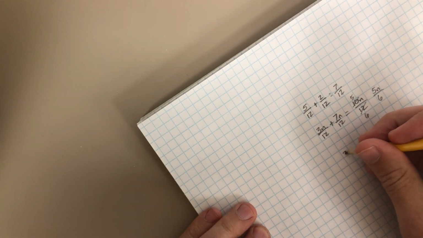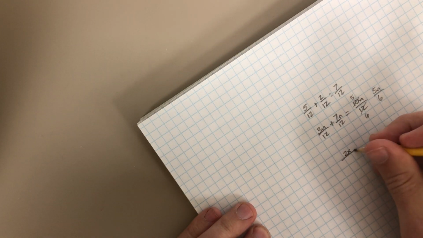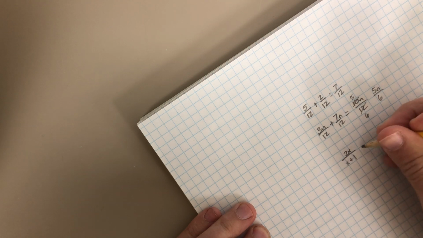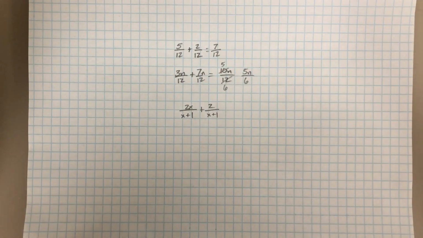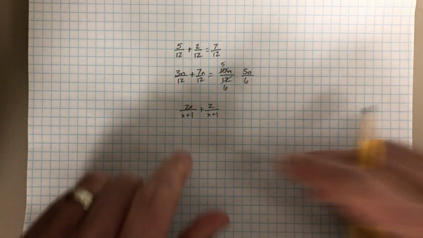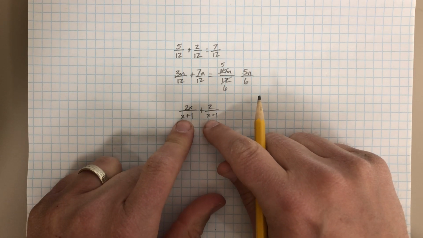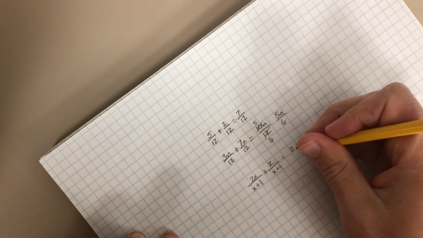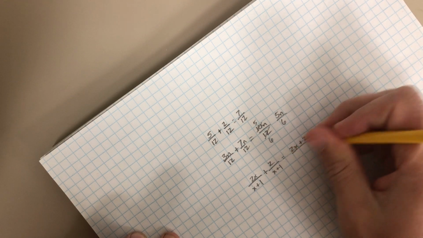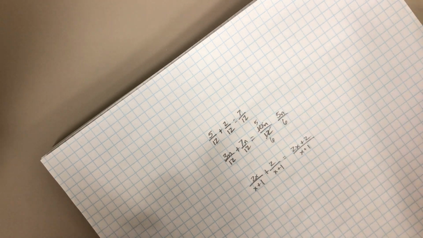What if I have 2x over x plus 1 plus 2 over x plus 1? Now, the denominators are the same, so I can add 2x plus 2 over x plus 1.